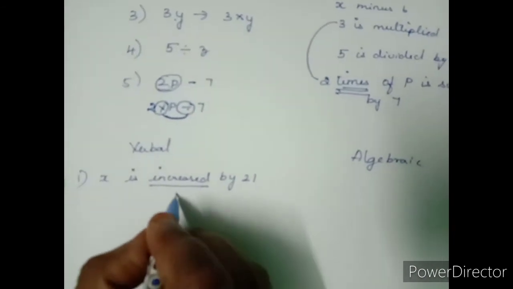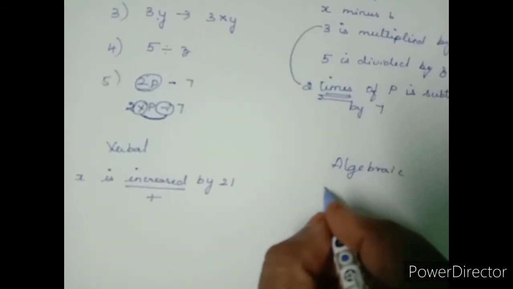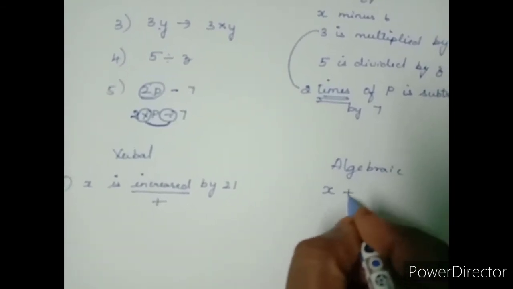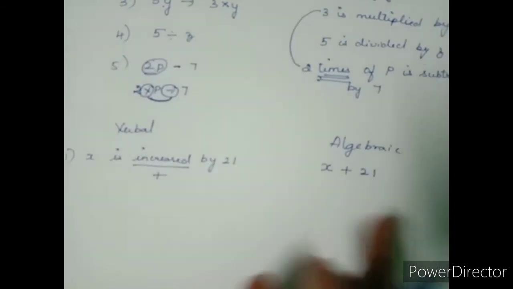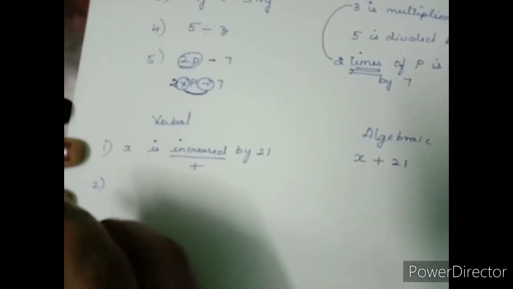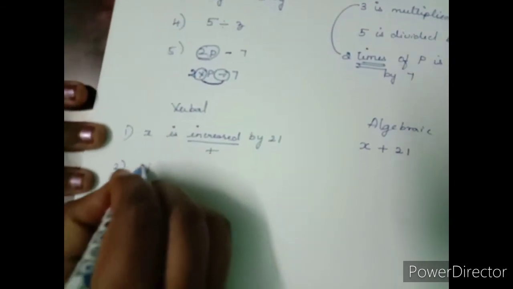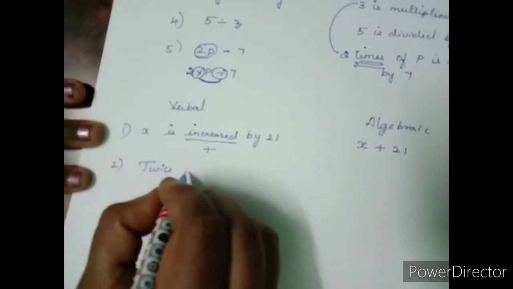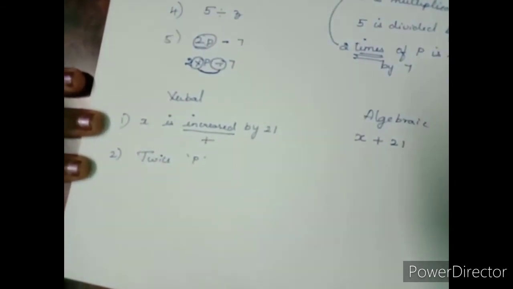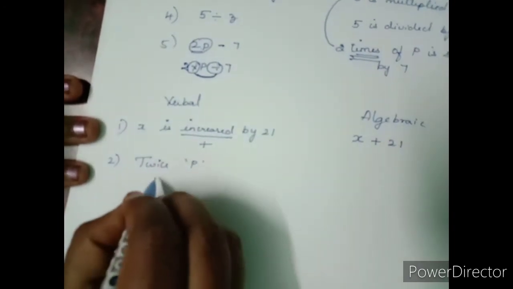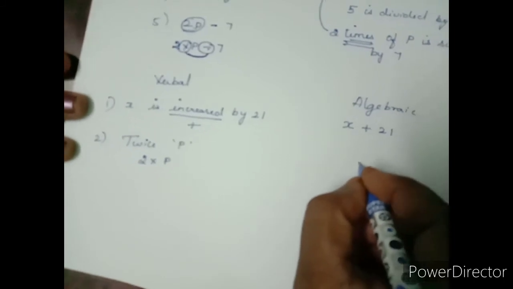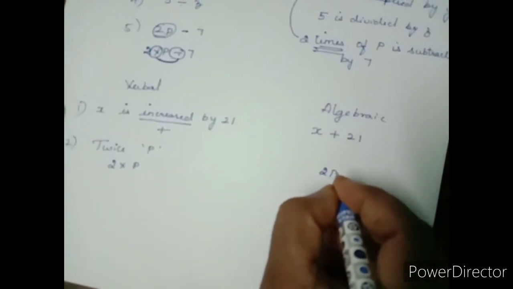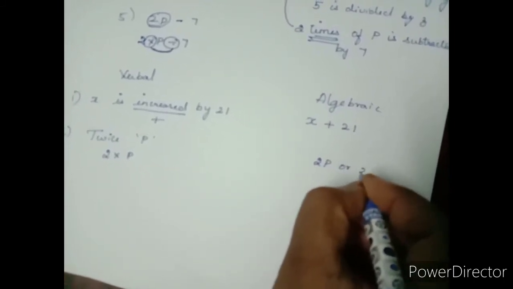Increased means addition. So, x is increased by 21. X plus 21. So, the next one, see, twice p. What is meant by twice p? 2 times of p. So, we can write it as 2p or 2 into p.